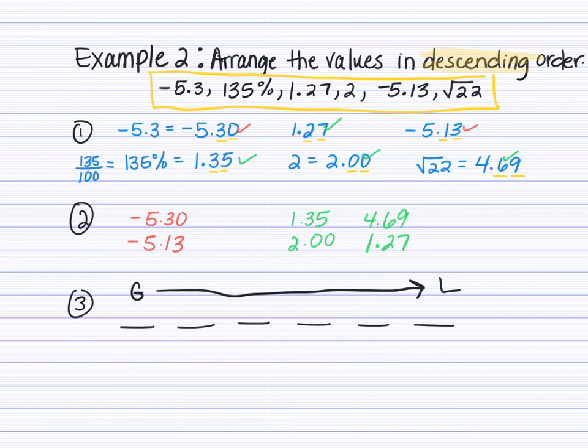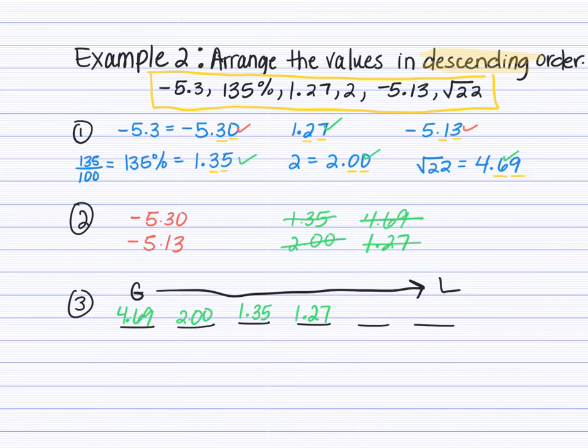So my positive numbers, my largest number is 4.69. My next number is 2.00. So I'm done and I'm done. I'm marking those off the list. Next, between 1.35 and 1.27, we can look at our decimal places, and 1.35 is larger, followed by 1.27.